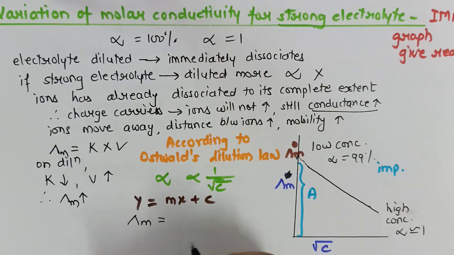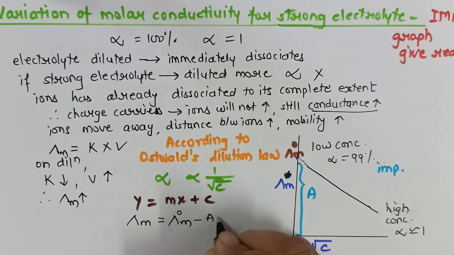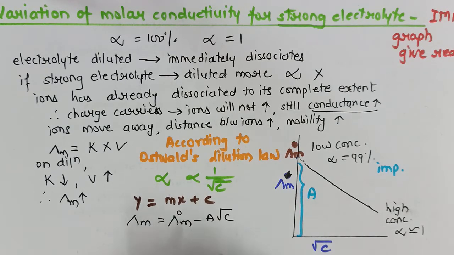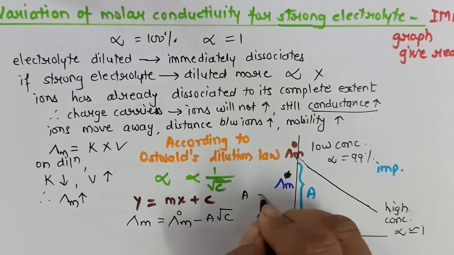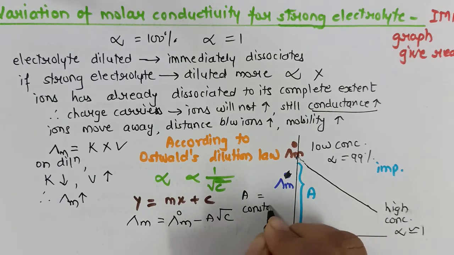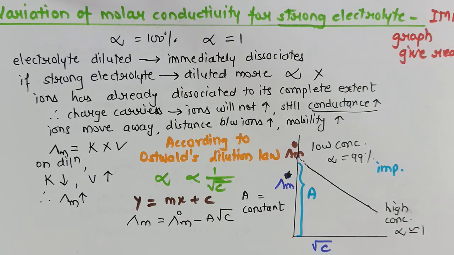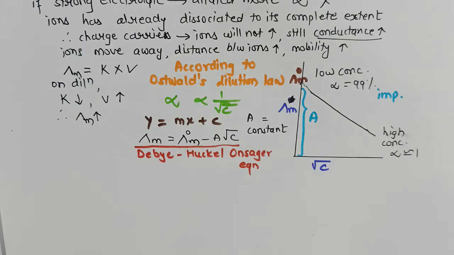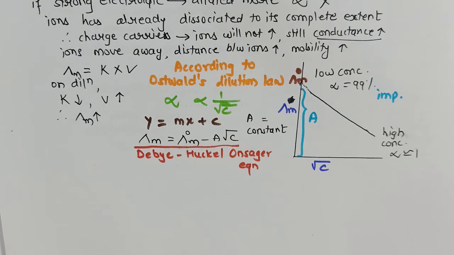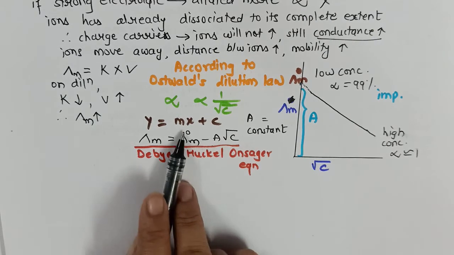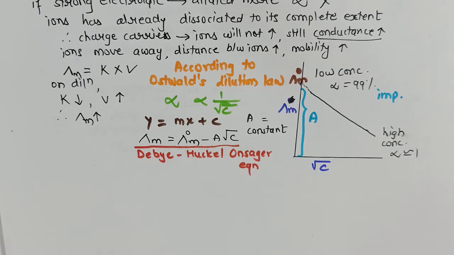So molar conductivity equals limiting molar conductivity minus A into root C. Now this A will be called a constant. This value of A depends on the type of the electrolyte. This equation, lambda m equals lambda m naught minus A root C, is called the Debye-Huckel-Onsager equation.